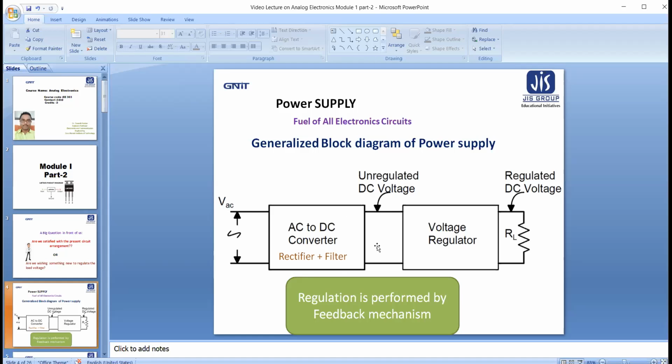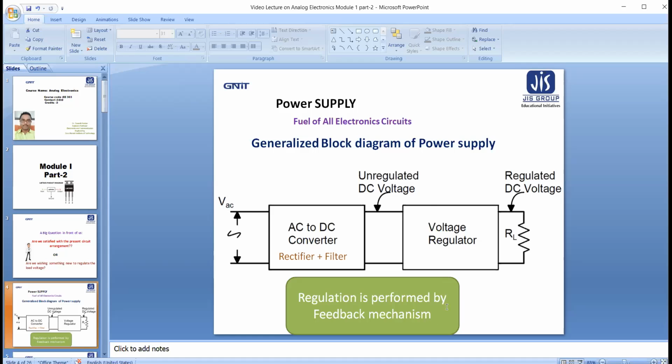So for better control, or to stabilize the output voltage irrespective of line voltage or the load, we have to introduce a second block, which is called the voltage regulator. This circuit is very, very important to design a successful power supply. The voltage regulator is then connected to the load resistance across which we will get a regulated DC voltage.